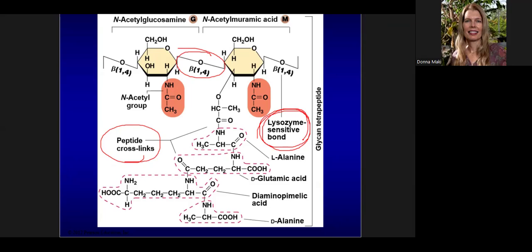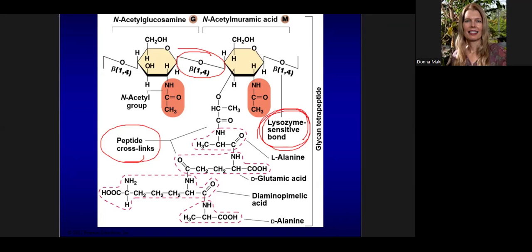We have it in our saliva, we have it in our tears, a few other places. So if you eat some kind of bacteria, the lysozyme immediately starts attacking the beta-1,4. And if you can break down their cell wall, you go a long way toward killing it. And so that's why they're pointing that out.